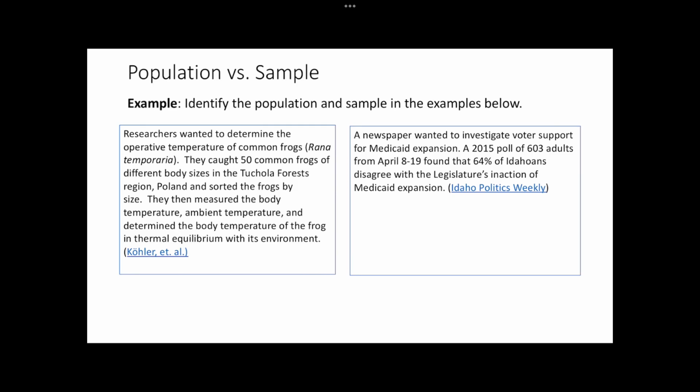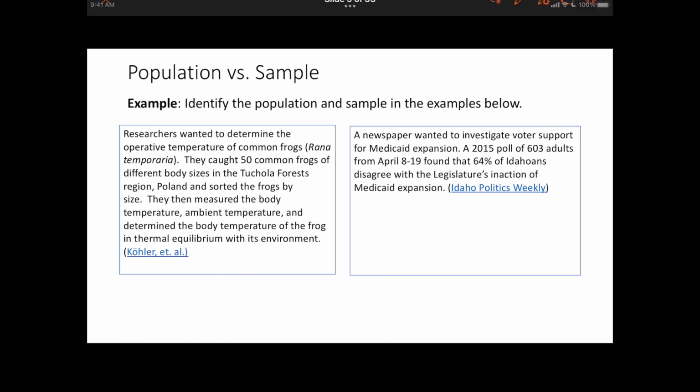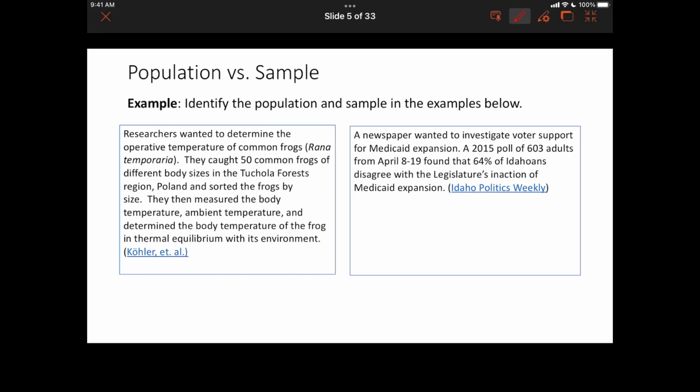They then measured the body temperature, ambient temperature, and determined the body temperature of the frog in thermal equilibrium with its environment. So if I want to know what the population here is, that's the objects that I want to be able to describe, right? The overall objects that I'm interested in. Here, researchers wanted to determine operative temperature of common frogs. So my population is common frogs.